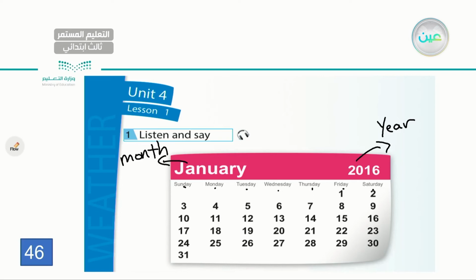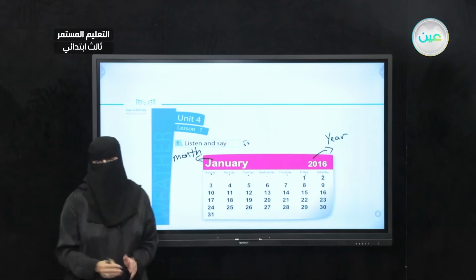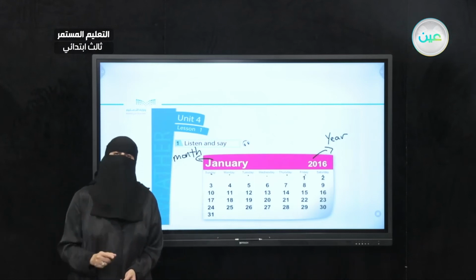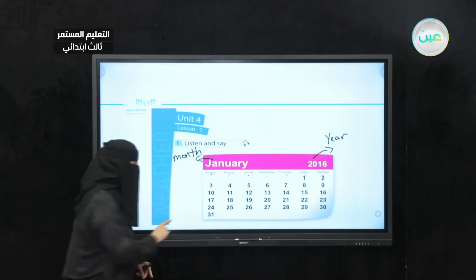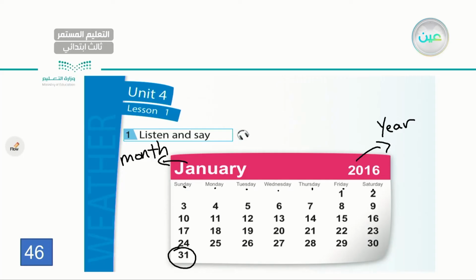So if I ask you, my dear student, how many days do we have in January? I have the number. I have 31 days. Okay, let me ask you another question. How many Fridays do we have in January? So what are we going to do now?